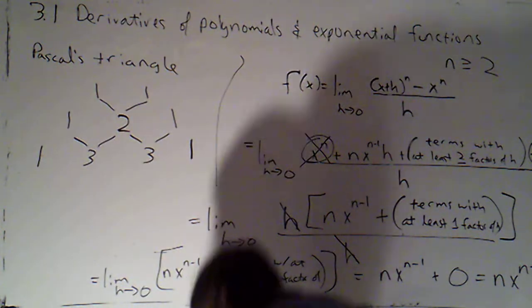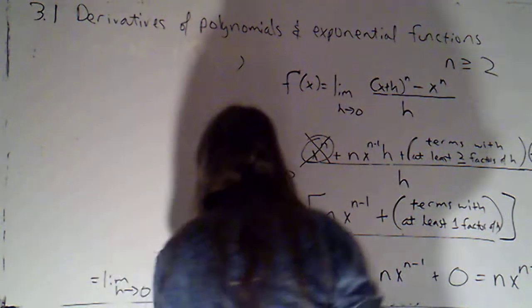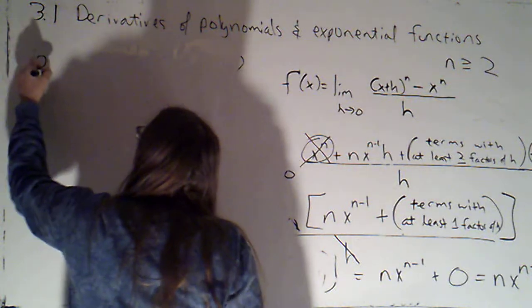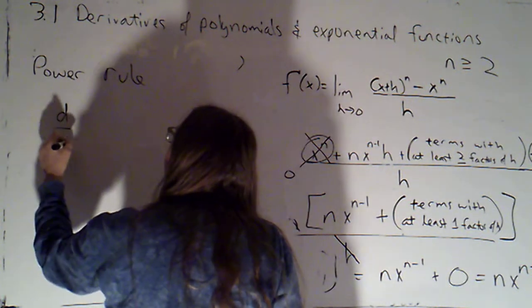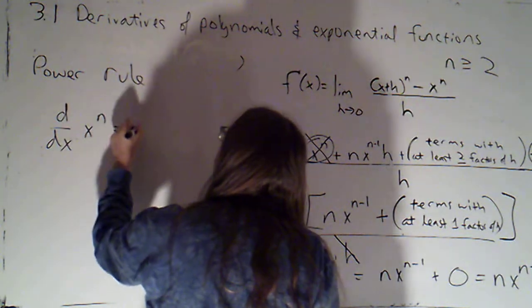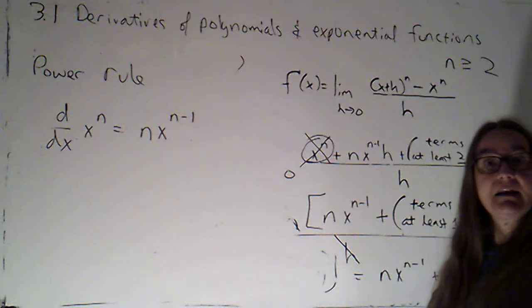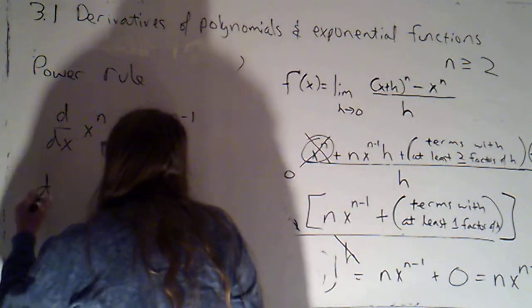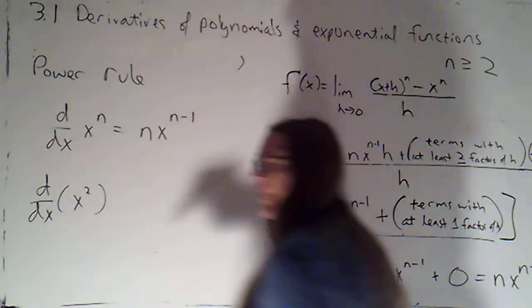Very cool. That's what we call the power rule. Let me just write that down here. Power rule says the derivative of x to the n is n copies of x to the n minus 1. So, we've seen before the derivative of x squared.